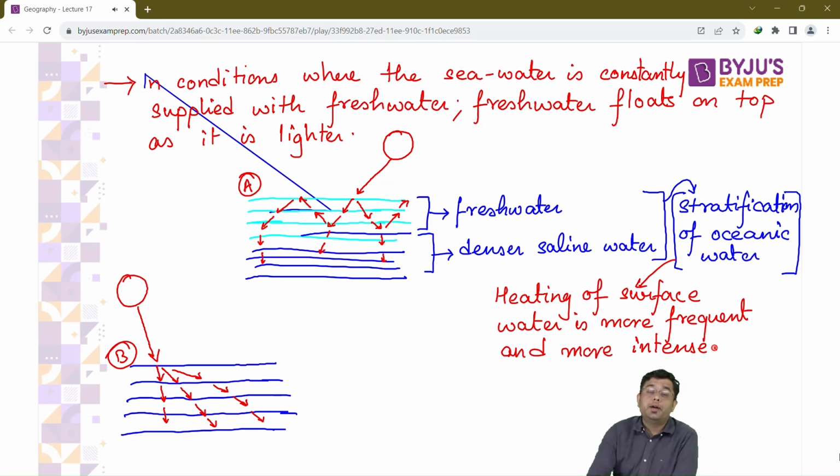Now, when the sea surface water in the tropics gets heated much more intensively, which atmospheric phenomenon results out of that? When the surface of the tropical seawater gets heated more intensively, which atmospheric phenomenon develops? Very good. Tropical cyclone.